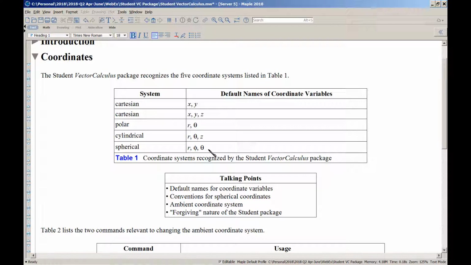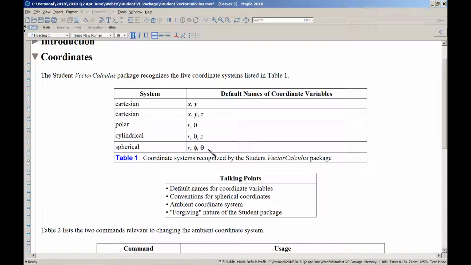So by limiting the coordinate systems down to 5, which is what you would normally use, let's say, in a first course in vector calculus, Maple compensates by recognizing a default set of coordinate names.